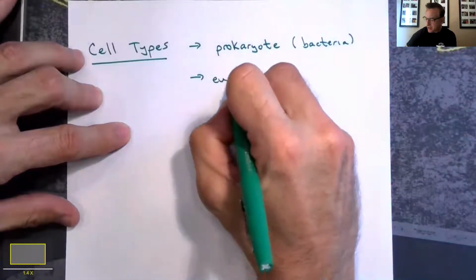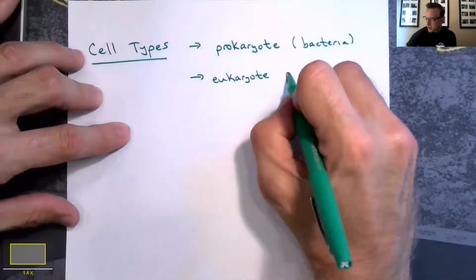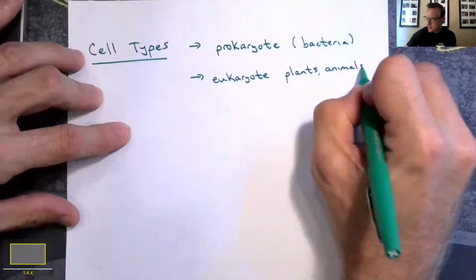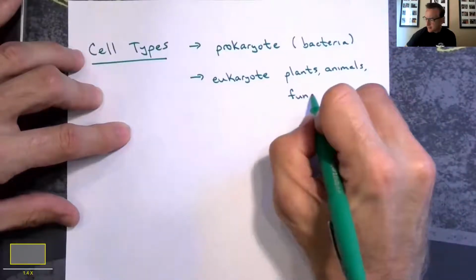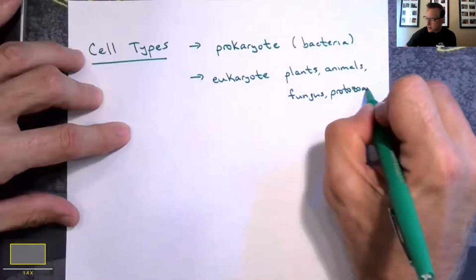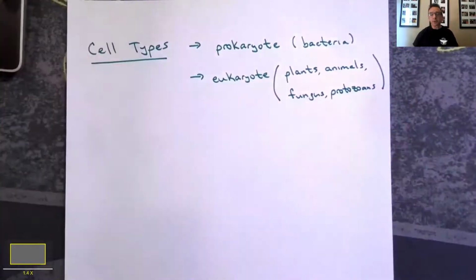And there's the eukaryote, and these are plants, animals, fungus, and protozoans. Protozoans are single-celled organisms that live in water.